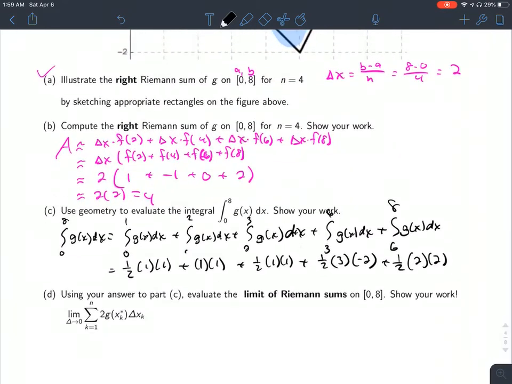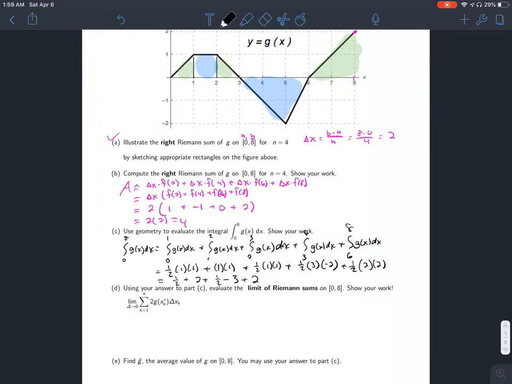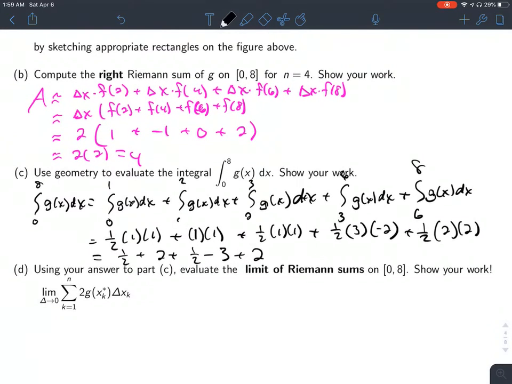If you simplify all those, you're going to get 1/2 plus 2 plus 1/2 minus 3 plus 2, if I multiply it correctly. 1/2 and 1/2 is 1, plus 2 more is 3.